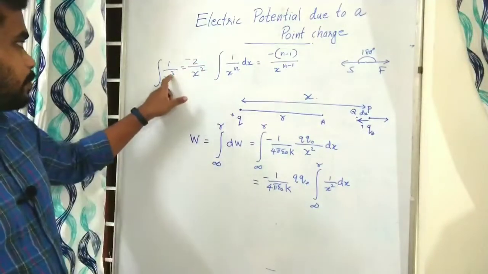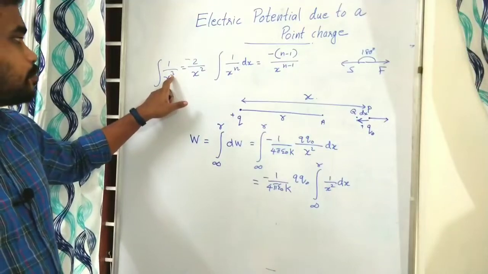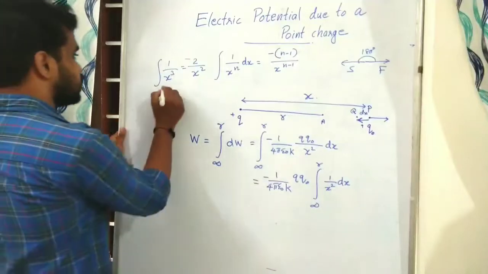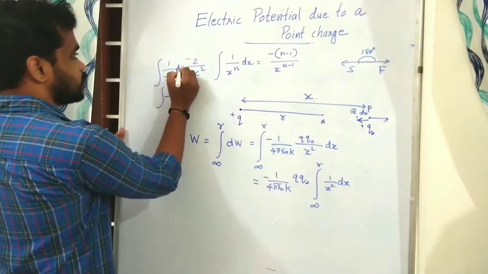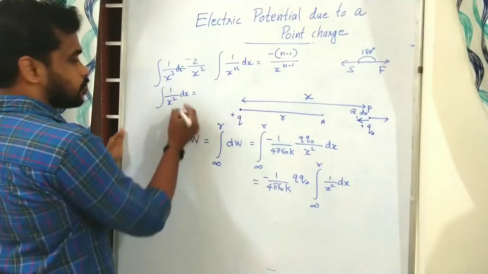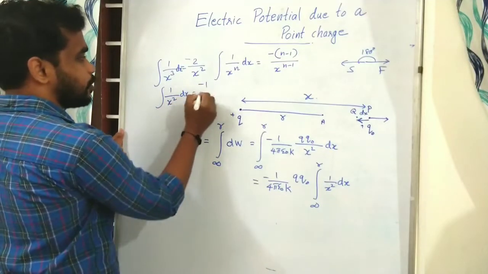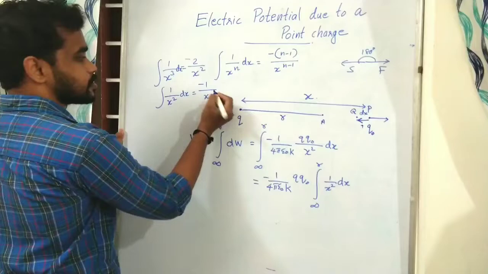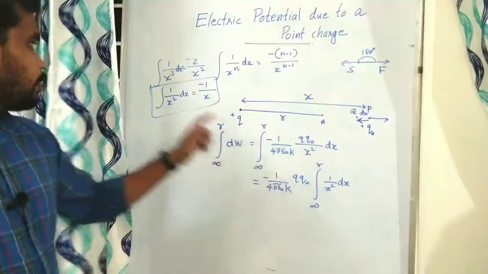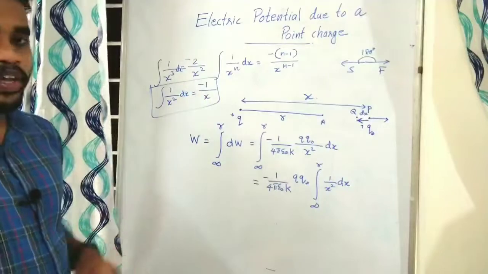These numbers you get by subtracting 1 from the power. Like that, the integral of 1 by x square dx: subtract 1 from 2, you get 1, minus 1 by x. This formula we are using here. The integral of 1 by x square dx is minus 1 by x.